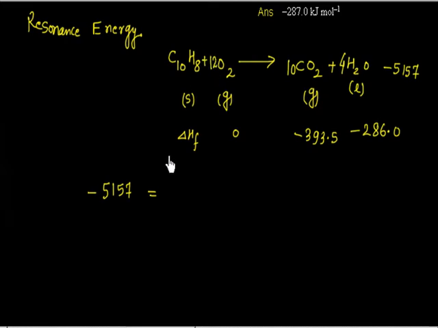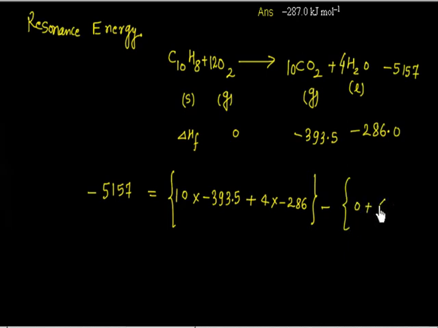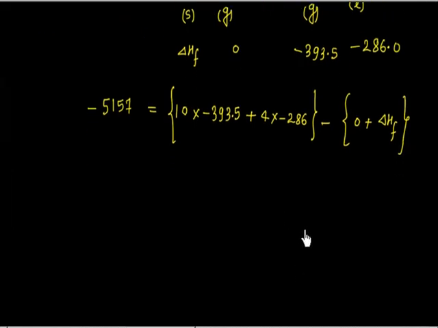Now let us find the heat of formation, products minus reactants. So 10 into minus 393.5, and for H2O, 4 into minus 286.0. This is the heat energy of the products minus the reactants. For the reactants I simply have 0 plus delta HF of naphthalene. From here I can get the naphthalene energy.